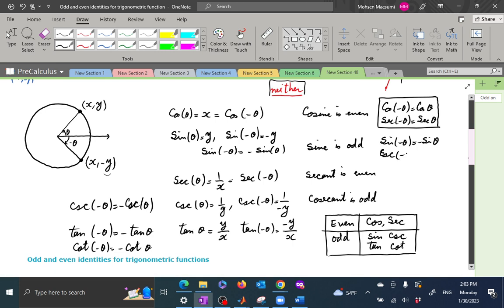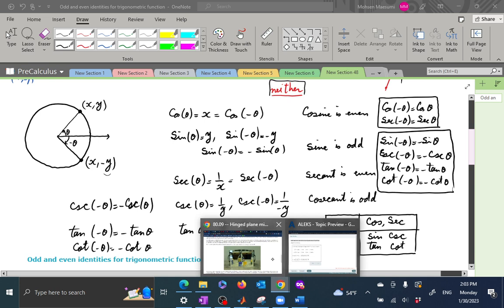Cosecant of minus theta is minus cosecant of theta. Tangent of minus theta is same as minus tangent of theta. Cotangent of minus theta is minus cotangent of theta. So we have two categories of functions here.